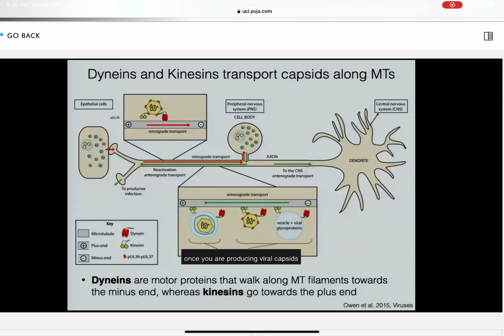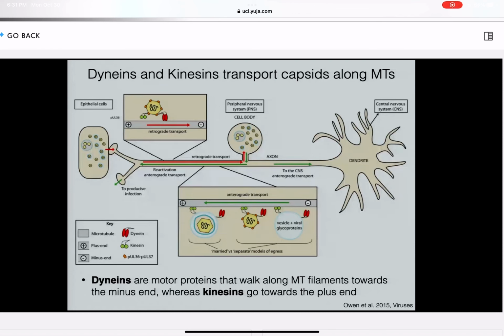And then vice versa, it'll use kinesins once you are producing viral capsids and you want to then get them released. It'll use anterograde transport towards the plus end. And then kinesins are used in this process. Okay? And so there are two motor systems, and they do walk along microtubules in opposite directions. What this lets you know, in a way, is that microtubules are the highway of the cell.